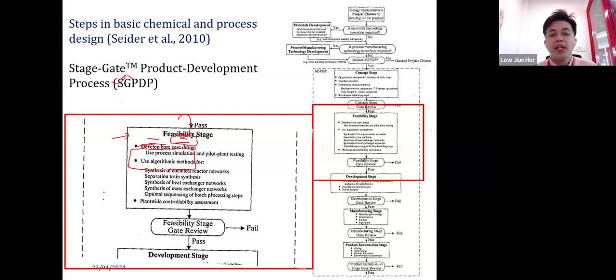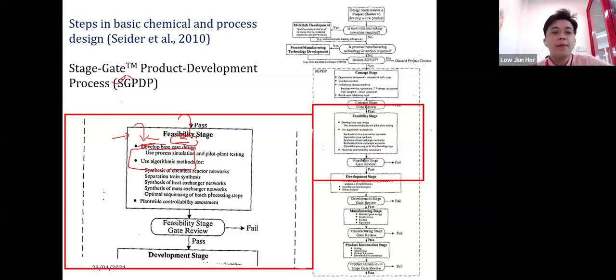Okay, and the reason why they build the pilot plant is because they want to run the selected technology and process that you consider and use in your design here, to see whether it can produce the product that you want to produce or not.